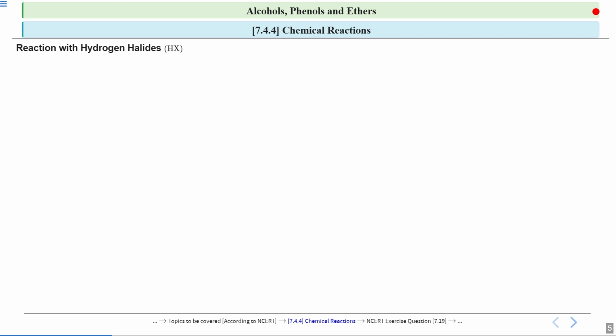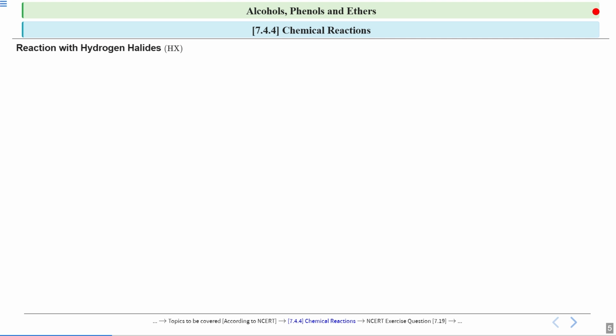Now, electrophile means electron lover. So when we talk about the cleavage of the CO bond, alcohols behave as an electrophile. If we are talking about the reactions which involve the cleavage of the CO bond, we see the reactions for alcohols only and not for phenols.